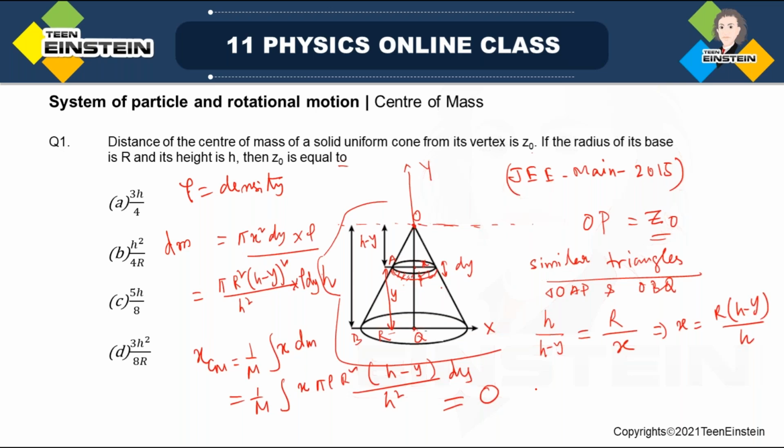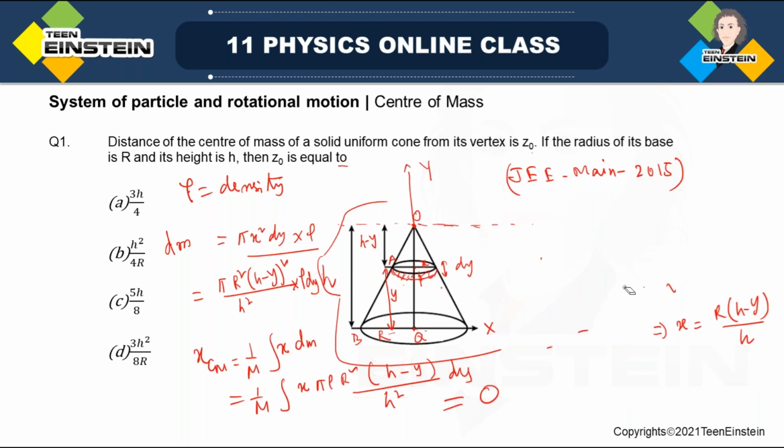Similarly, z cm also will be 0, so only the y coordinate remains. Let us now see what the y coordinate of the center of mass is, which would give you the position of the center of mass. So we have got x and z are 0.